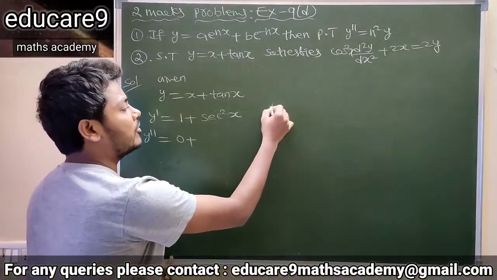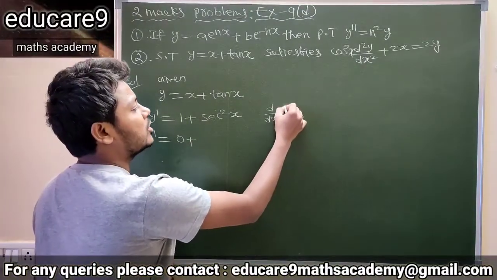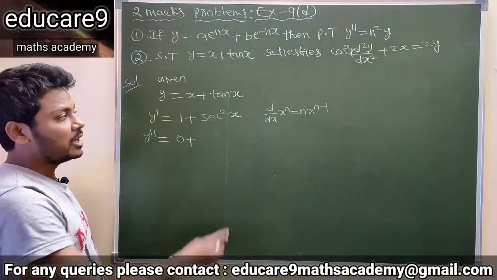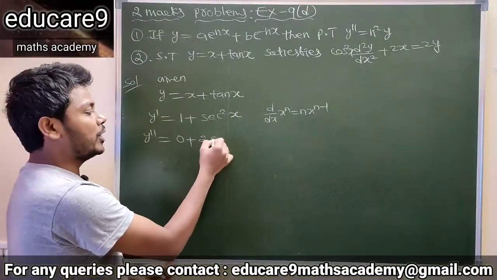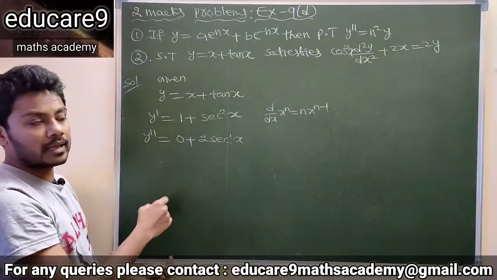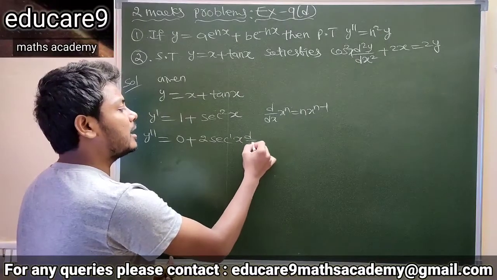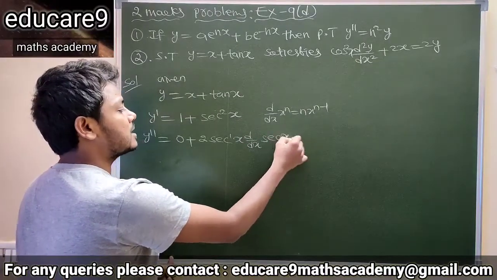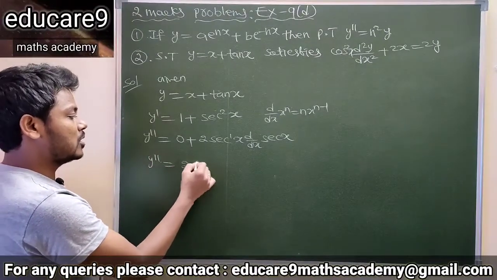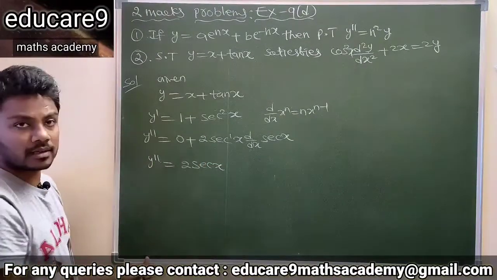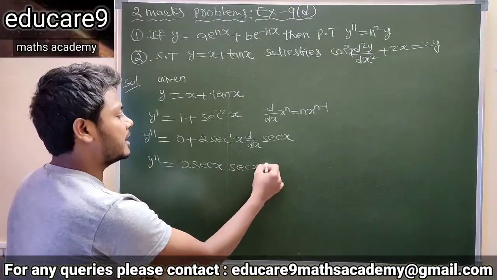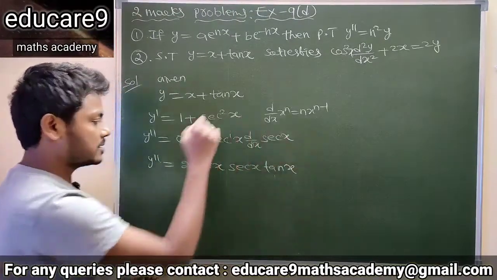So it is in the form of d by dx of x to the power of n, that is n into x to the power of n minus 1. In place of n, 2 is there. 2 into secant power 2 minus 1, that is secant power 1 x, and the internal derivative of sec x. This is y double dash is equal to 2 secant x, the derivative of secant x, that is secant x tan x.